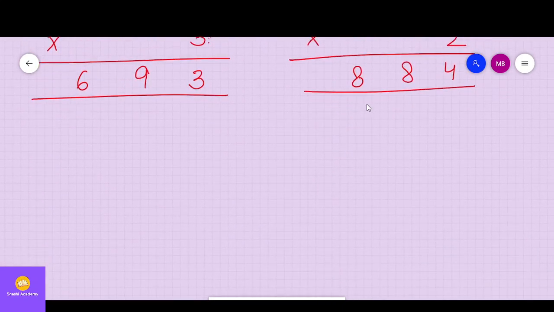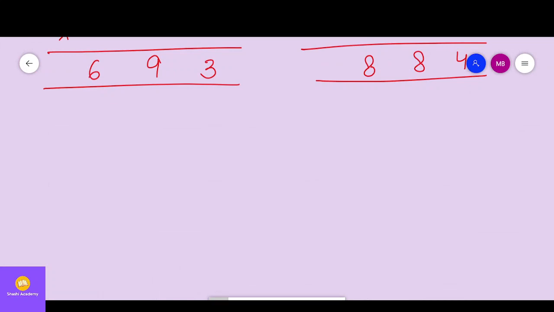Now let's take one example in which there is a slight difference from what we have done in this video earlier. Let me take one example of 2 digit and 1 digit. The question is 34 multiplied by 7. Here again you have to follow the same steps.